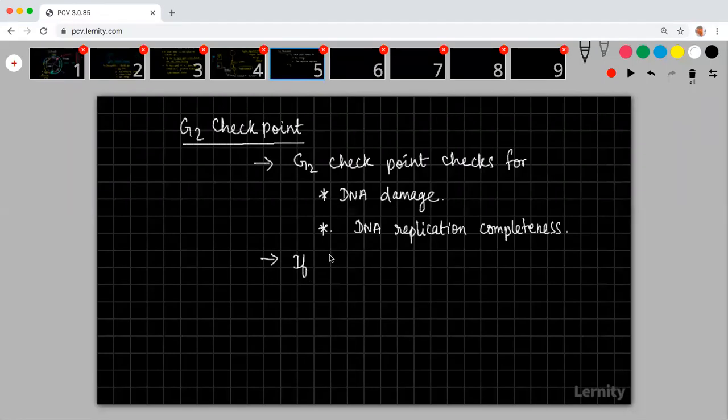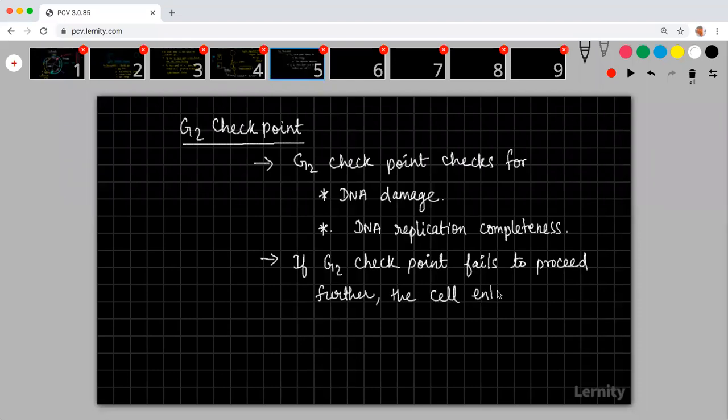If G2 checkpoint fails to proceed further, the cell enters G2 phase.